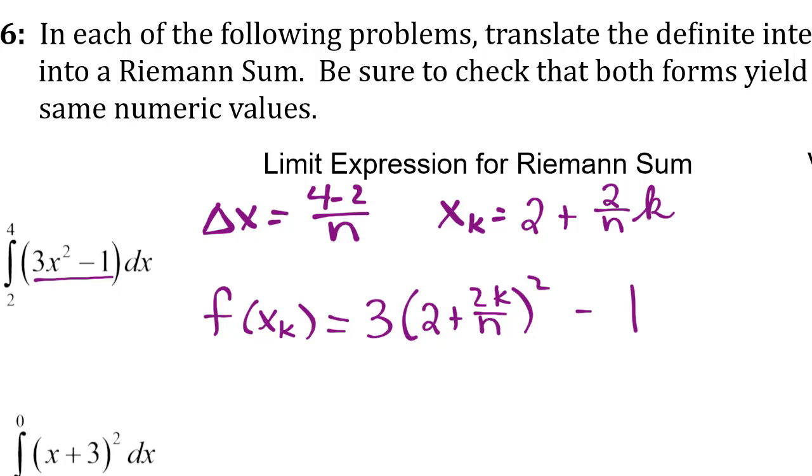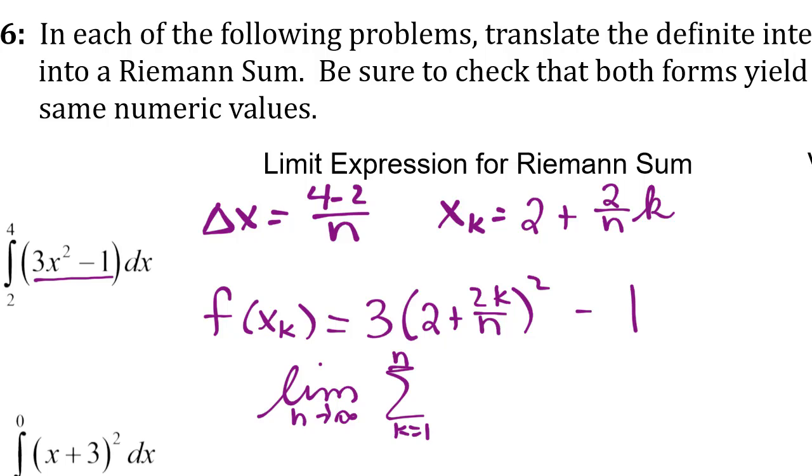Okay, and we need to clean that up. Well, we'll leave it like that for now, since we don't have to do this by hand. All right, so then I've got my f of x sub k. I know what my delta x is, so I'm ready to write my limit. The limit as n approaches infinity of the summation of k equals 1 to n, times delta x, which is our width.